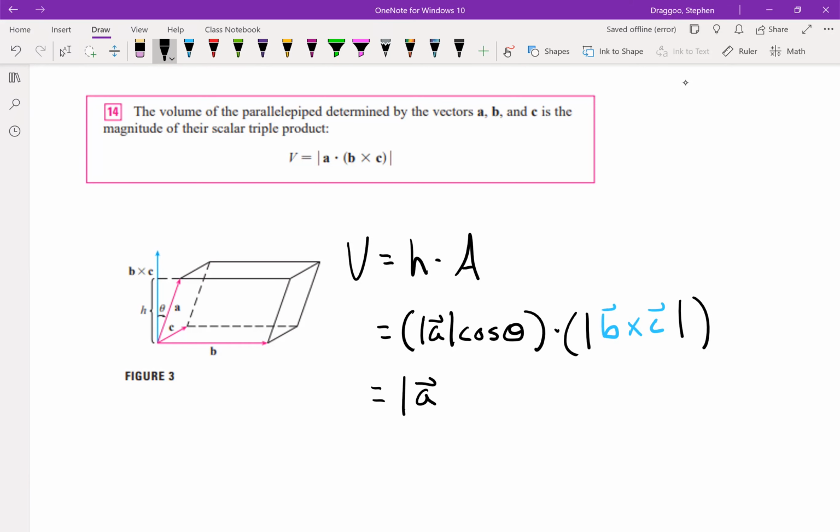This is the magnitude of A times the magnitude of B cross C, which remember is just a vector, times the cosine of theta. And by definition, this thing is the dot product of A and B cross C.